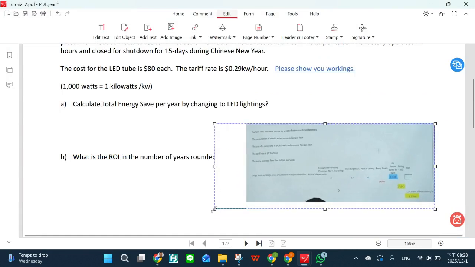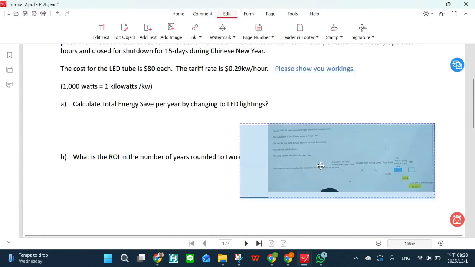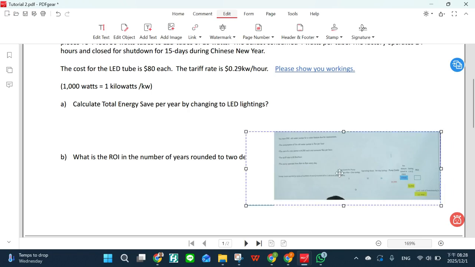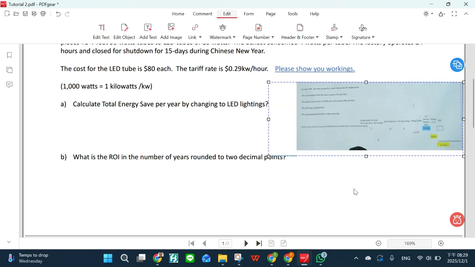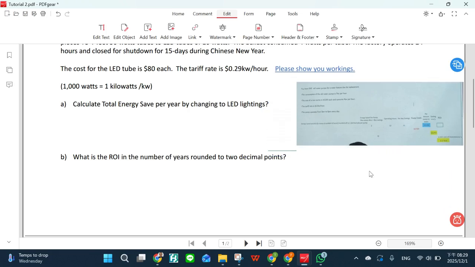The tariff of 30 cents on the energy saved will give you $3,942. 3,942 is the amount you save per year by simply replacing the new pump. How to find your rate of return, your ROI?